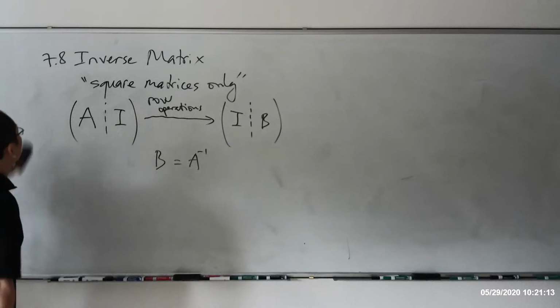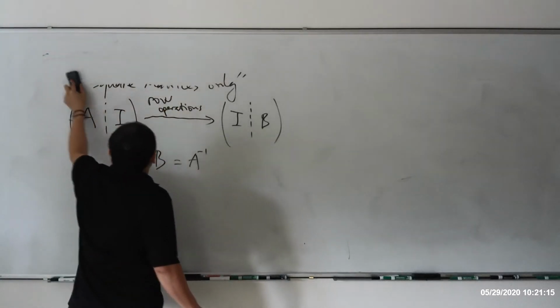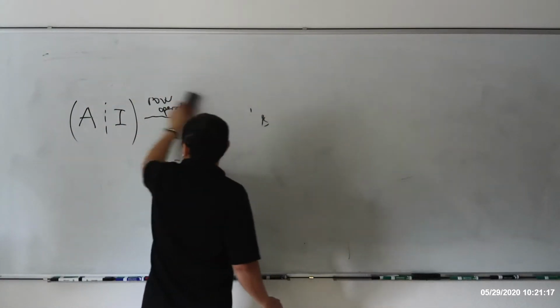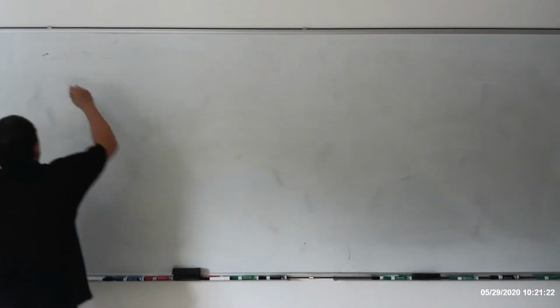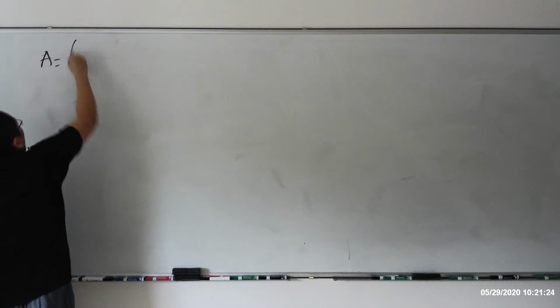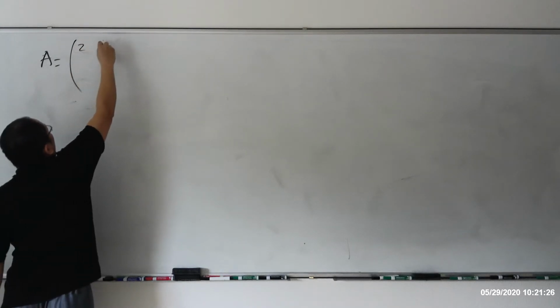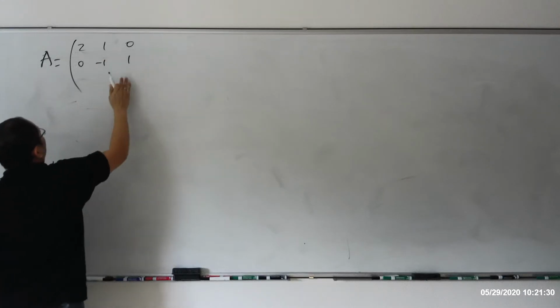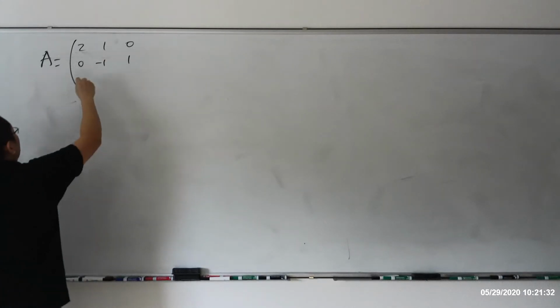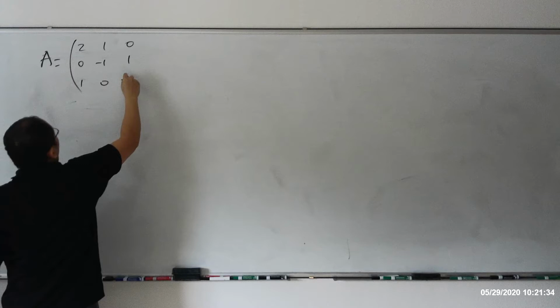Okay? So, erase this. I'm going to give you the matrix A. So how about 3 by 3? So, 2, 1, 0, 0, -1, 1, 1, 0, -1. Okay?